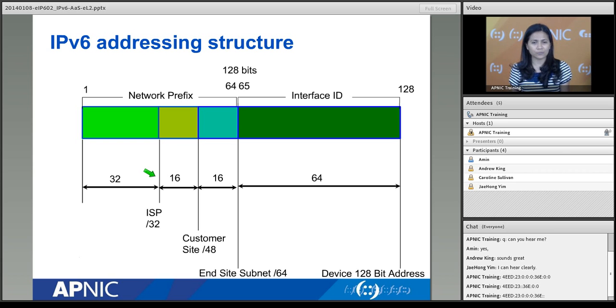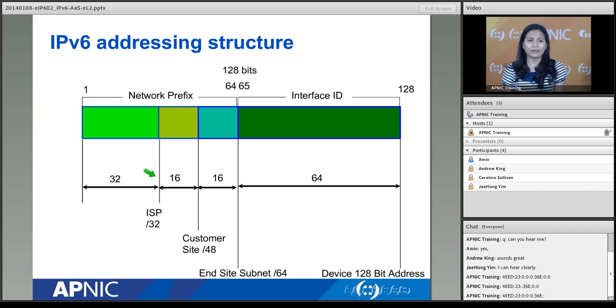What is aggregation? When you are an ISP and you have many customers, maybe you gave them /48s or /64s each. Now, when you announce this onto the global routing table, aggregation means you are combining all these adjacent blocks into one and announcing it as a single prefix. That is aggregation, and that's your main goal in IPv6.